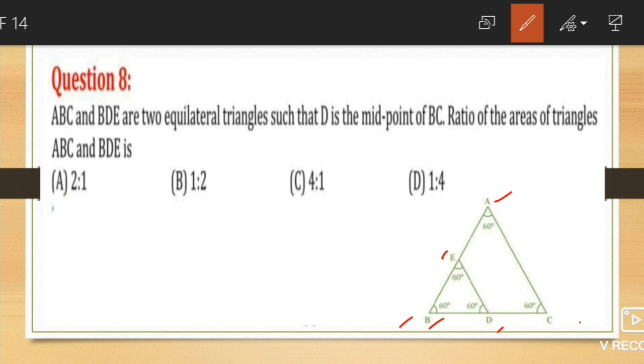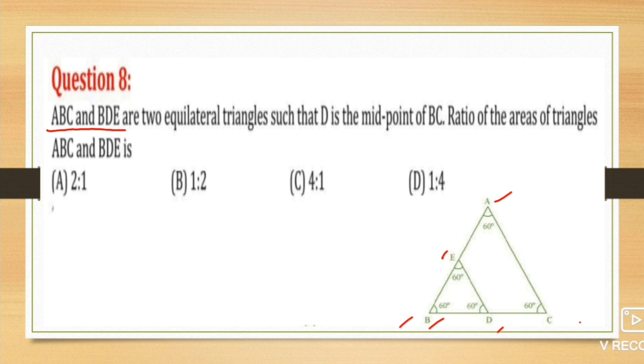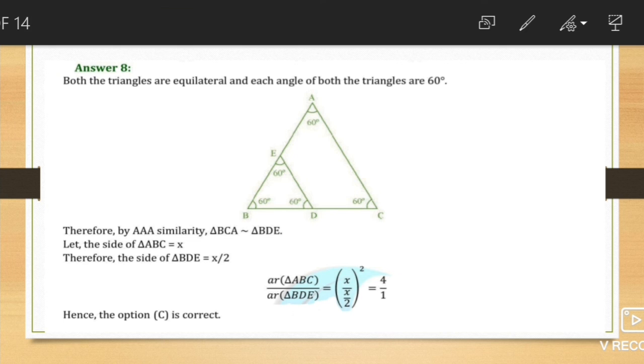So since each angle is 60 degrees, you can say that their corresponding angles are equal to each other. That means these two triangles will be similar to each other. That's why by using AAA similarity, BCA will be similar to BDE.